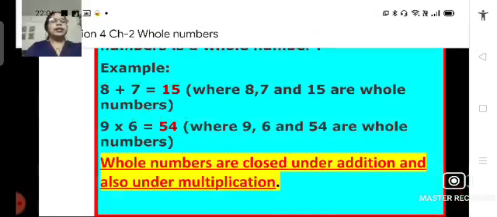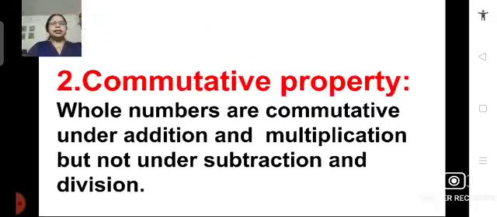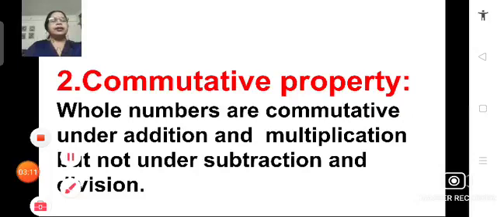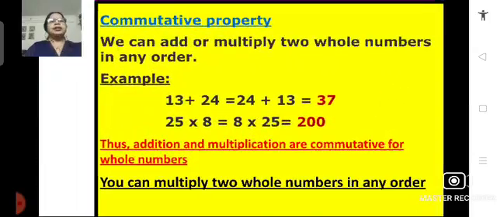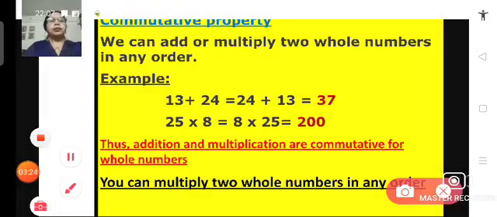Now the next property is the commutative property. We say that whole numbers are commutative under addition and multiplication. They are not commutative under subtraction and division. Now what does the commutative property say? It says that when we add or multiply two whole numbers, we can add them or multiply them in any order.